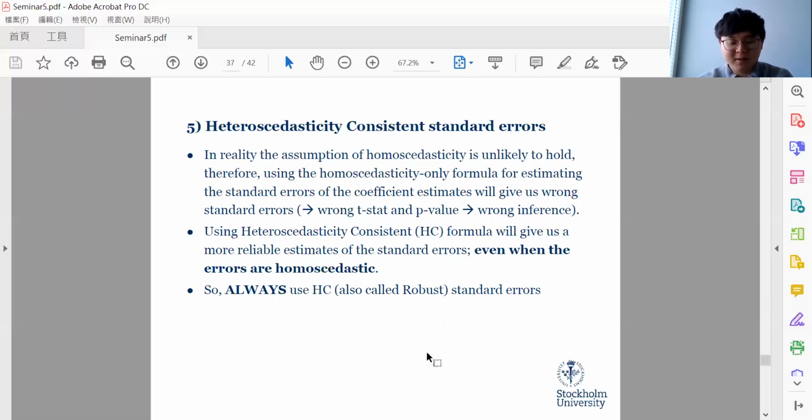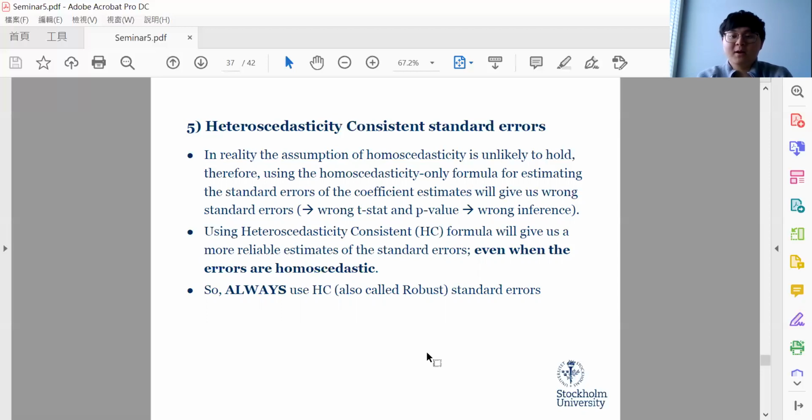So what's the problem? The estimates are right, but we use standard errors to calculate the t statistics and p-values. If your standard errors are wrong, it will give you a wrong t statistic and p-value, so it will also give you wrong inference.